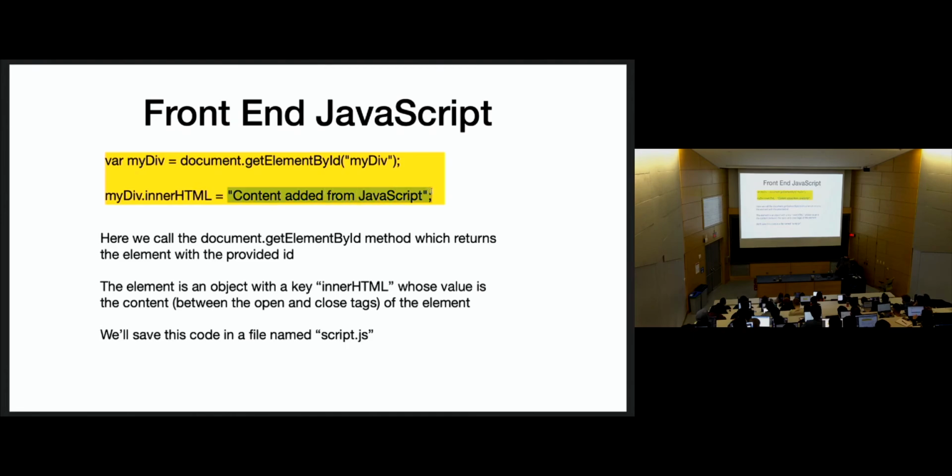I can append to it, I can read it, anything I can do with a string. Here I'm going to overwrite whatever was in my div. I'm going to set it equal to this string and add content dynamically to my site using JavaScript. So I'm editing the HTML using JavaScript.